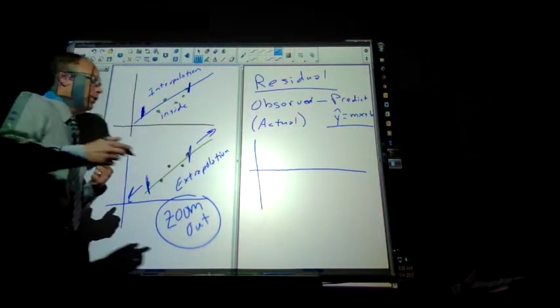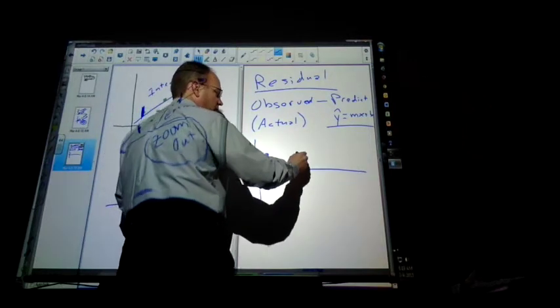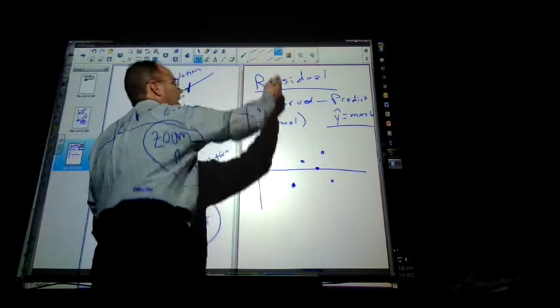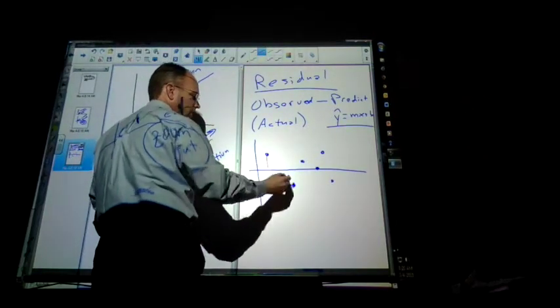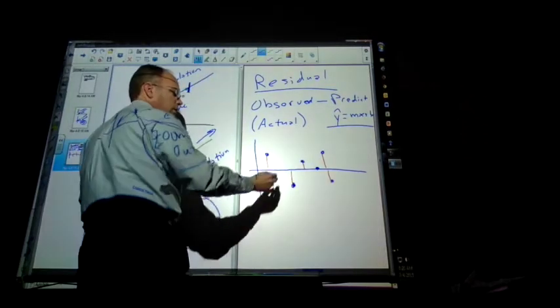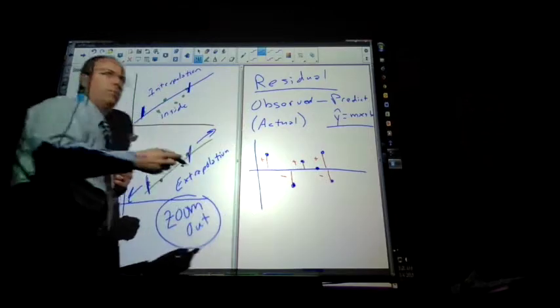And I'm going to show you how you get to this. But a lot of times, the residual graph might look something like this. And how this is working is you have these distances. And some of the distances are negative and some of them are positive. And then some of them might be spot on.